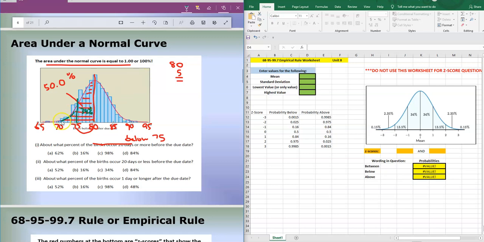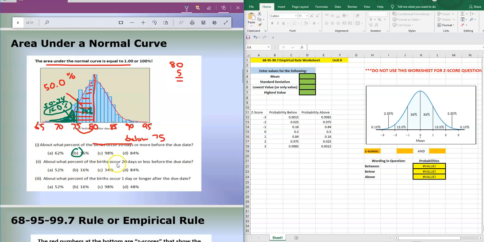So below a 75 would have to be the leftover, and remember, this whole half is 50%. So if I took 50% minus the 34%, then I would realize that below a score of 75 would have to be roughly 16%. But once again, if I have to round it to 1 decimal place, I would have to put 16.0%. So just be really careful about the formatting, so that answer would be this.